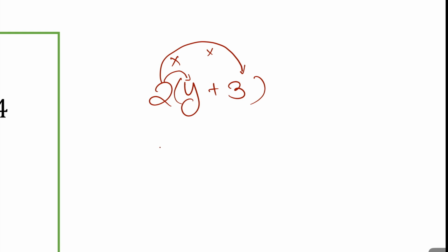So that is 2 times y is 2y plus 2 times 3, like that. Okay, so let's look at the example.